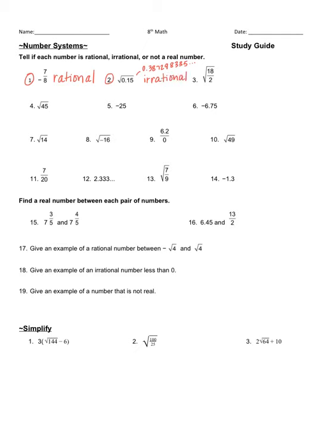Number 3 is the square root of 18/2. Anytime you have a square root of something that has another operation under it, you need to treat what's under the square root as if it's in parentheses, so it needs to be done first. So before I can take the square root, I want to do 18 divided by 2.